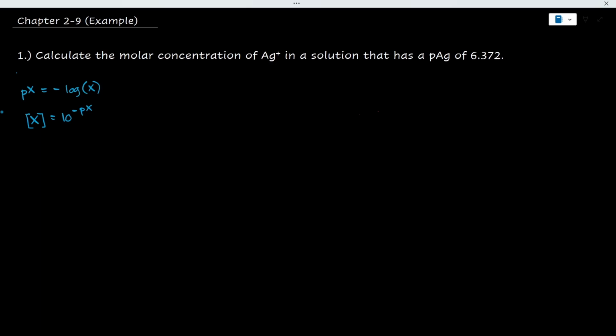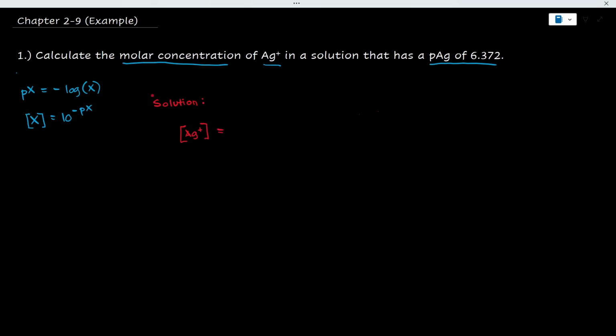We want to find the molar concentration, which is the x, with the given p-value. pAg means the p-value of the silver ion, Ag+. Solution: let's find the concentration of Ag+, the silver ion. This is the x in this case.